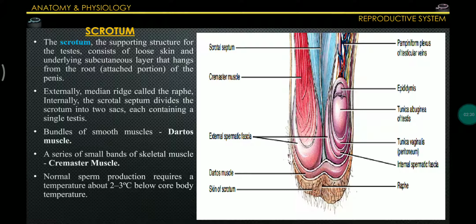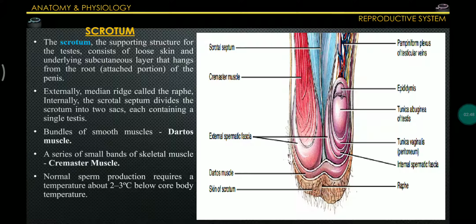The scrotum is the supporting structure of the testis, which we need to study. The scrotum consists of loose skin and an underlying subcutaneous layer that hangs from the root of the penis.